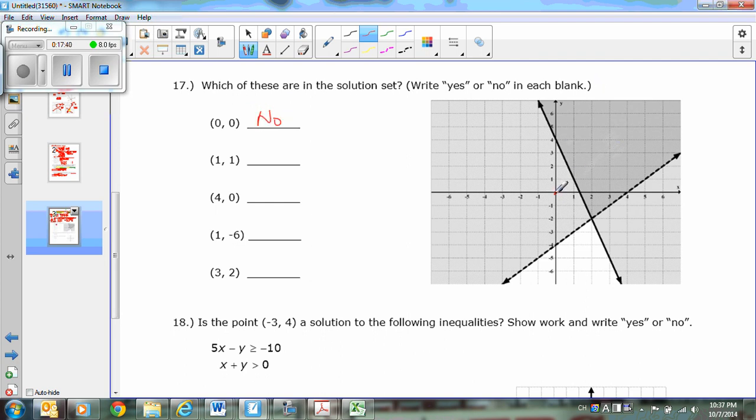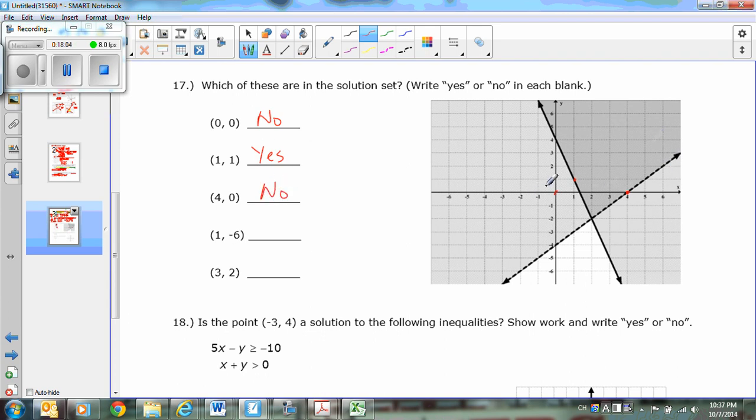Okay, let's take a look at the point 1, 1 that lands right on this solid border. Since it's on the solid border, it's in the solution set, so we will say yes to that one. 4, 0, 1, 2, 3, 4 lands on a dotted border. Points on the dotted border are not included in the solution set, so say no to that one.